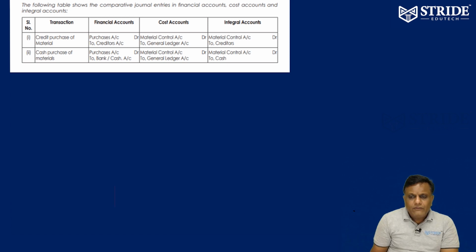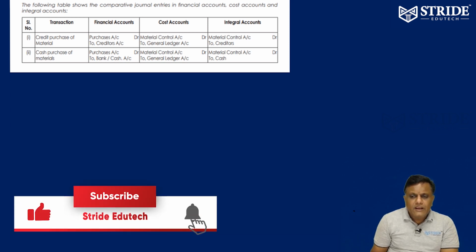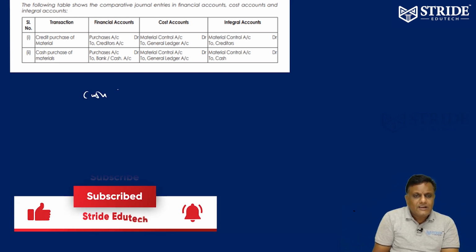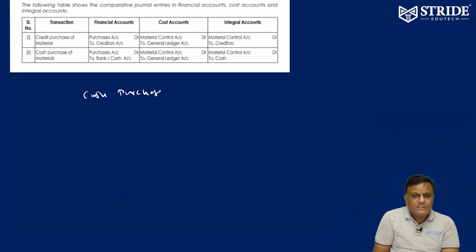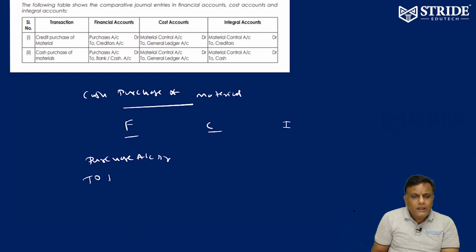Similarly, second transaction, whenever there is cash purchase of material, the entries are in financial accounts, in cost books, and in integral books. In financial, the entry is purchase account debit to bank or cash.